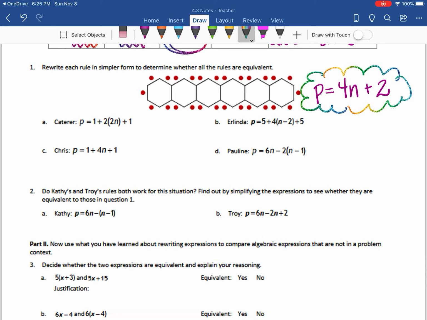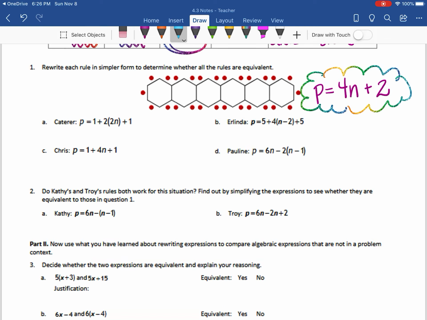And we are going to go through A, B, C, and D just to rewrite them to see if they actually are equivalent to that rule. We're going to be doing a lot of combining like terms, distribution, and so on. So if we look at this first one, P equals 1 plus 2n plus 1. We also want to remember our order of operations.